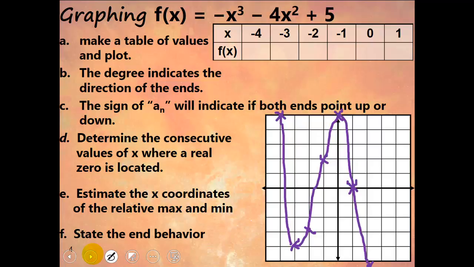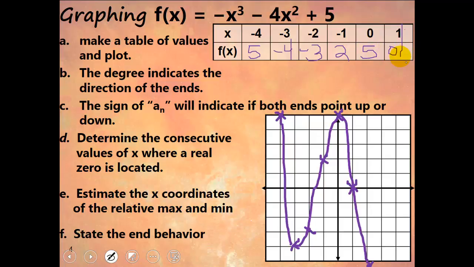This is an odd degree, so we're going to get a little bit different movement. All right, when we make our table of values, we end up with a 5 and a -4 and a -3, 2, 5, 0.